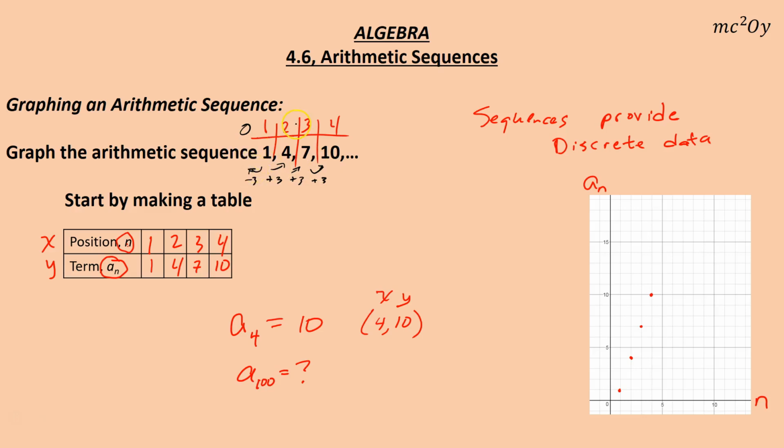If I go backwards 3, that means I'm at negative 2. So my equation would be a sub n is equal to, well, the slope is 3n, minus 2. Okay, and we could do the math from there. 3 times 100 minus 2 is 300 minus 2, or 298.